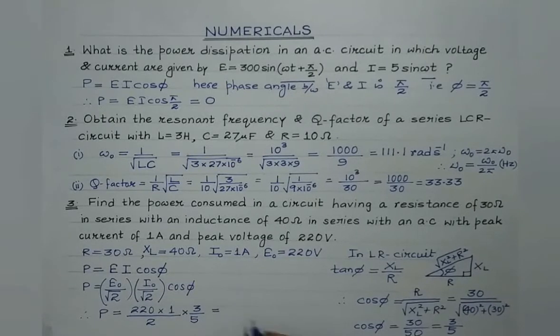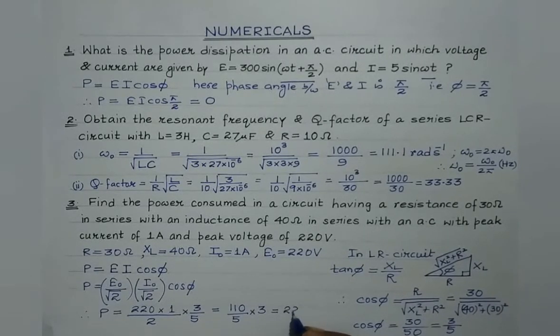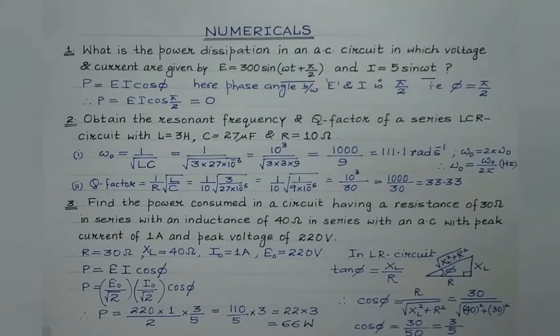So that will give us 110 divided by 5 into 3. So that is 22 into 3, or 66 watt. What is the SI unit of power? So students, in the given circuit, 66 watt of power will be consumed.